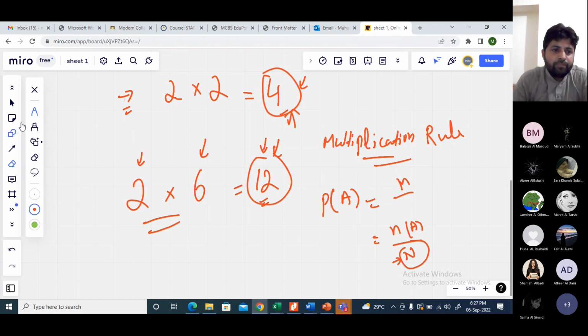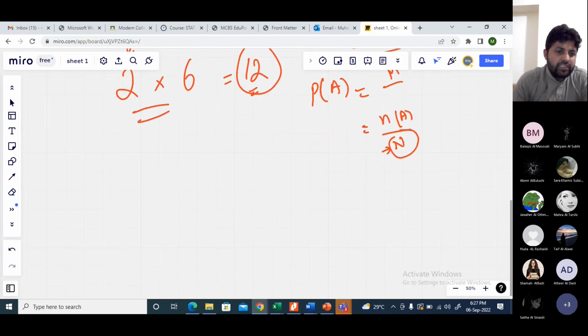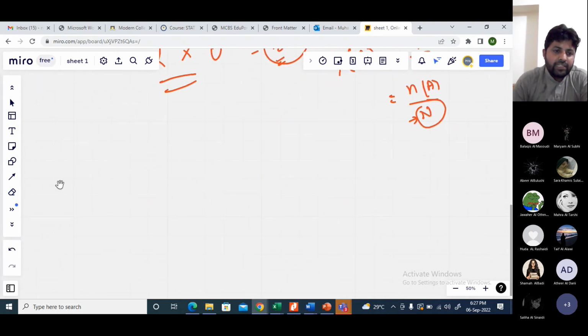Okay, so for example, if you are interested in calculating the probability of having simultaneously 2 heads, for example, if you're going to bet with someone that I'm going to have two heads, one after another.